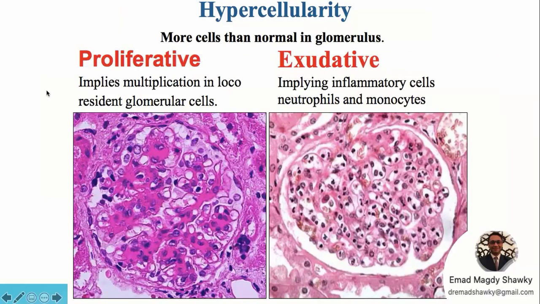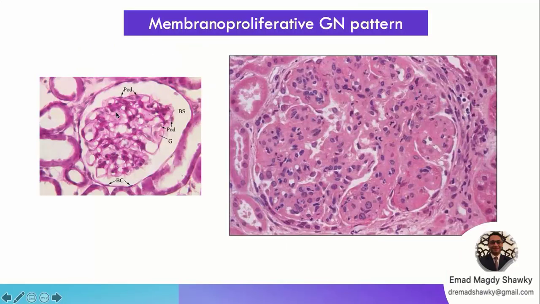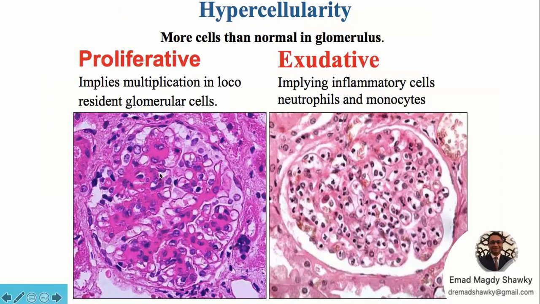A last thing I'd like to know is the difference in the terminology. In some kidney slides, I will see that the nuclei are very numerous. It is not like this one, the normal one. Here I just see those few nuclei, but here the specimen is rich with many nuclei.